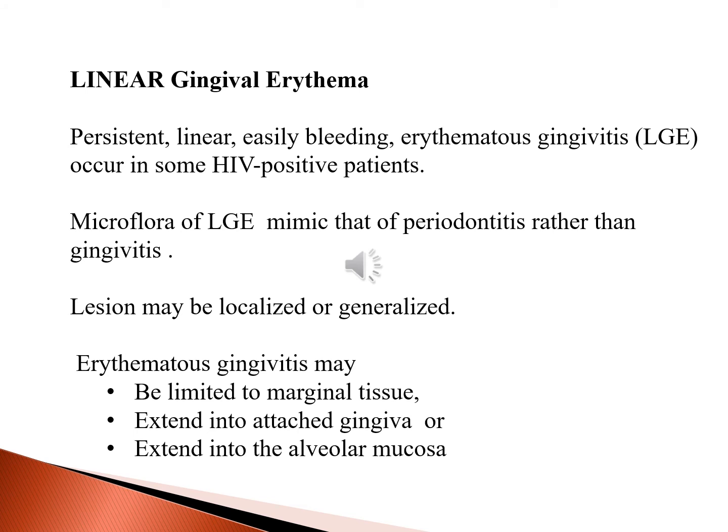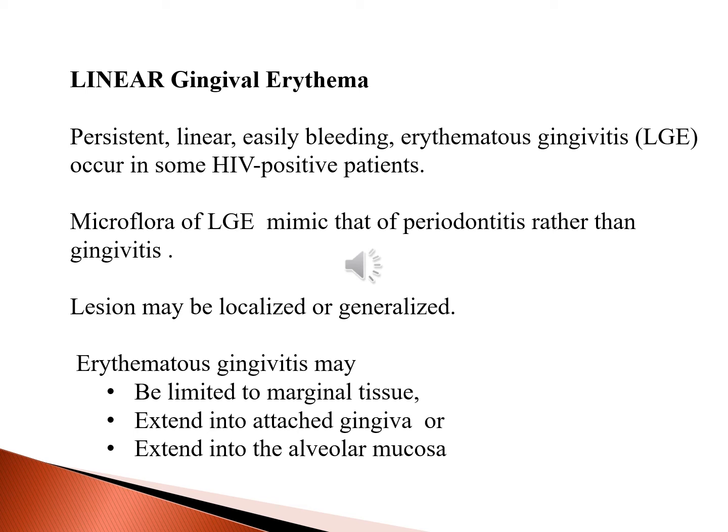So the first lesion is linear gingival erythema, which is seen in HIV or AIDS patients. These are persistent lesions, appearing as linear, easily bleeding, erythematous gingivitis.